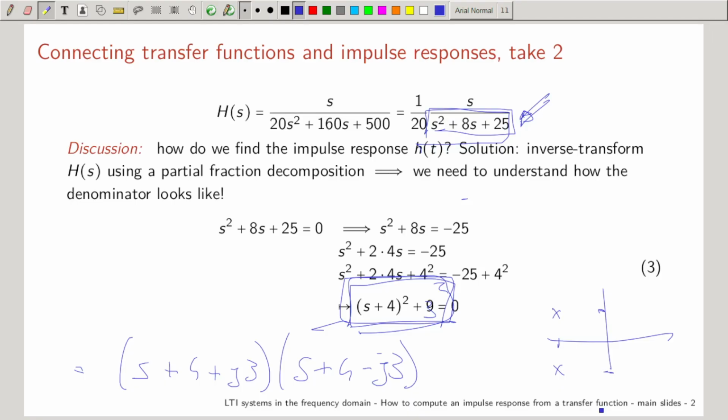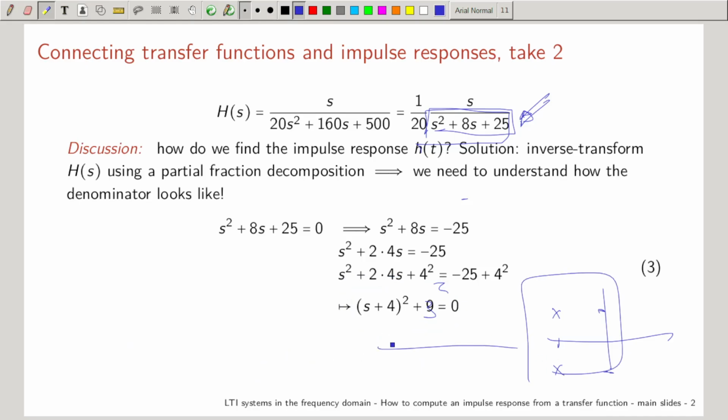That means that if I do the inverse Laplace, this is going to correspond to e to the sigma t times cosine of omega t plus a phase that we do not know and we ignore, and also a number that we cannot see because we see only the denominator. This one is going to be minus 4, this one is going to be 3. Are we together, people?